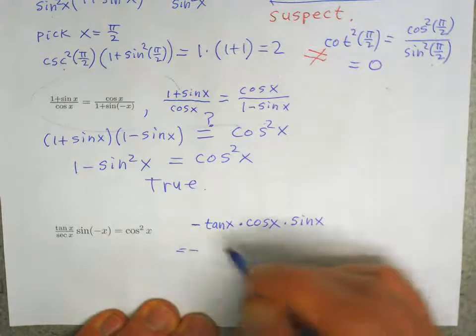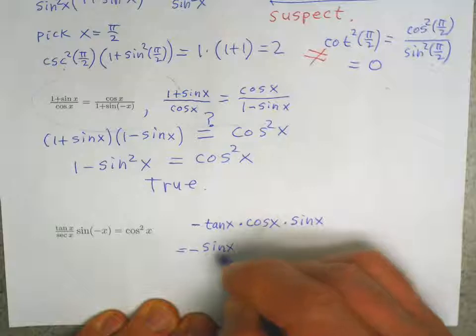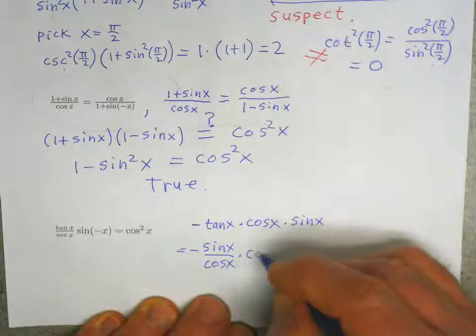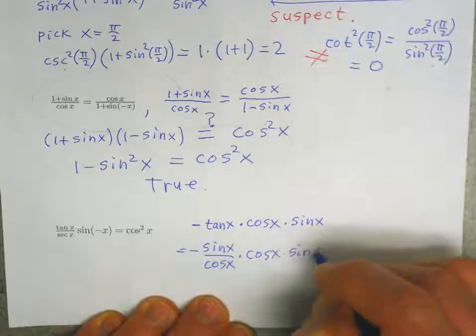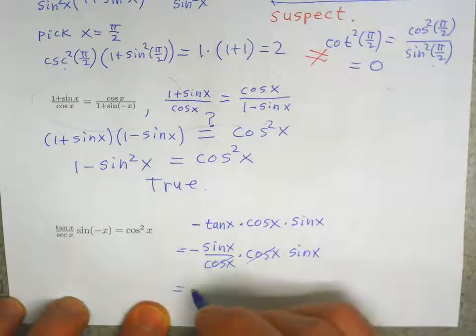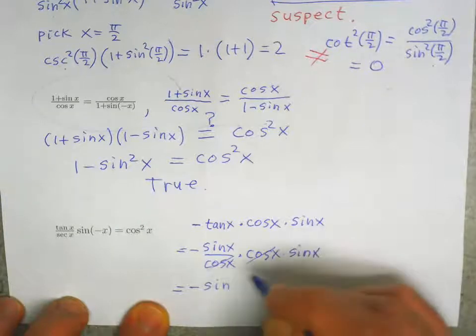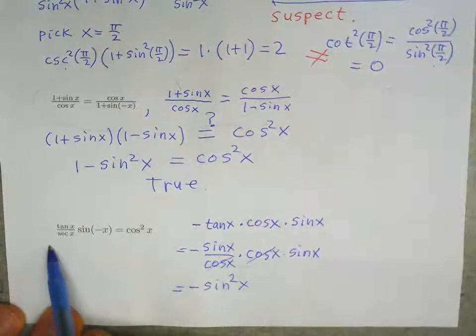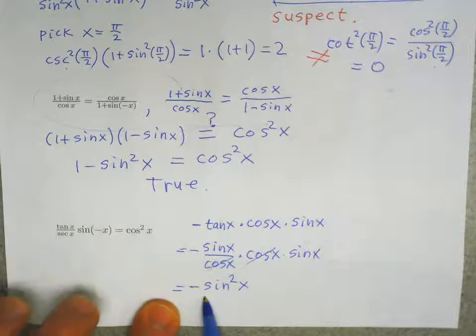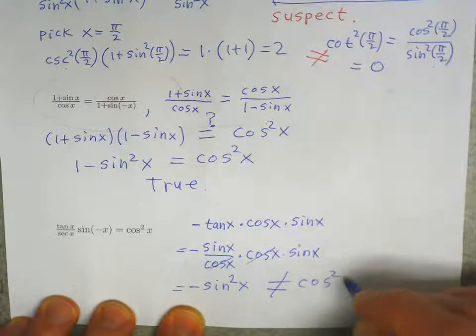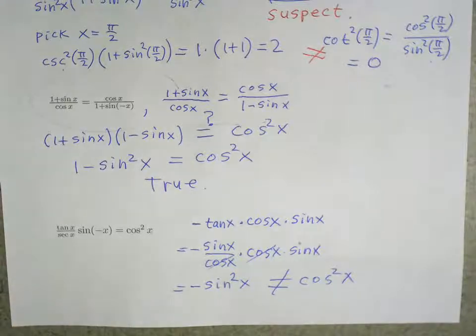So rewrite tangent as negative sine of x over cosine of x times cosine of x times sine of x. The cosines cancel, and we're left with negative sine of x squared. So I simplified the left-hand side, and I got negative sine of x squared. And we know that that does not equal cosine of x squared. So this is not an identity.